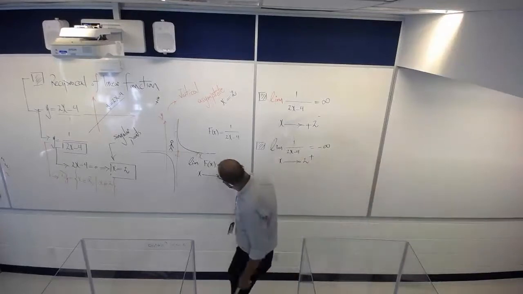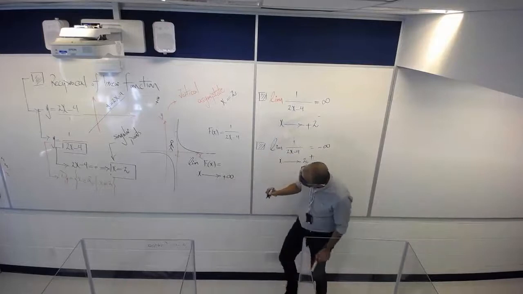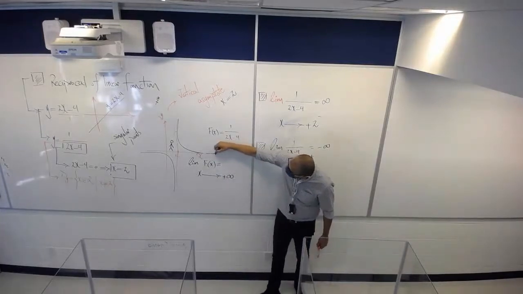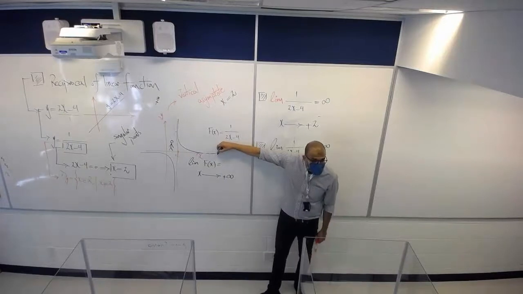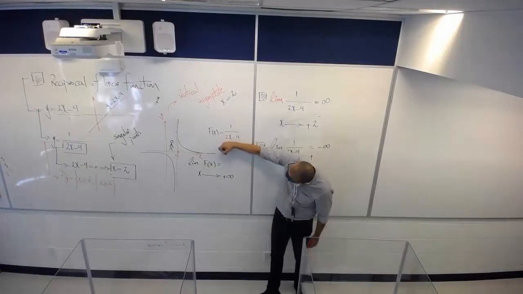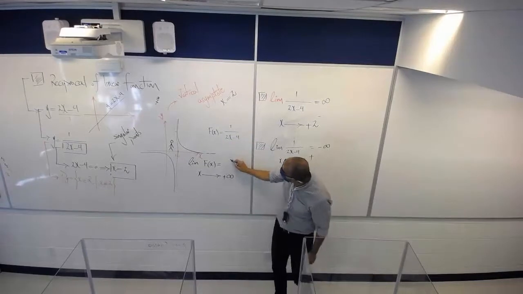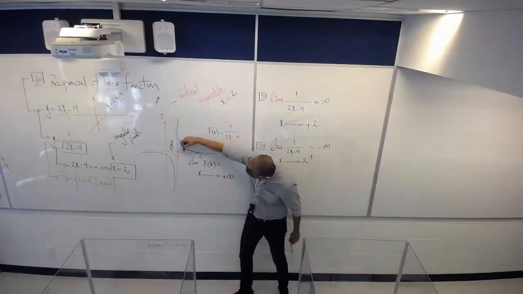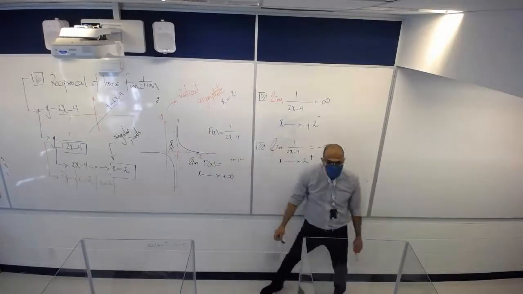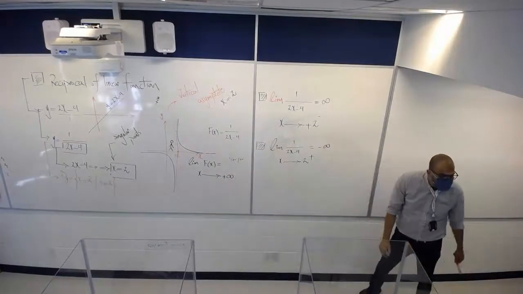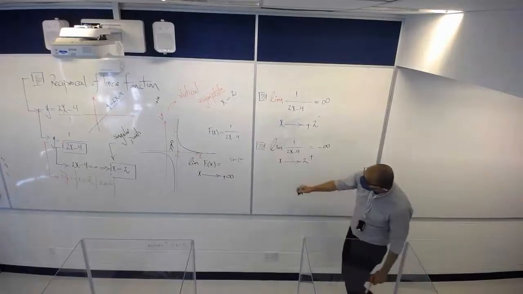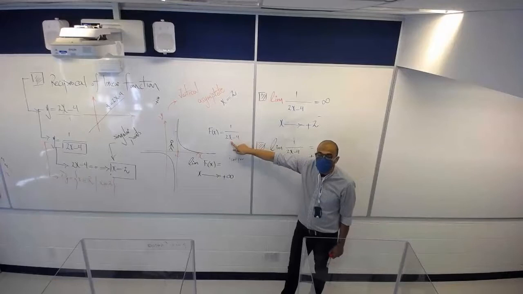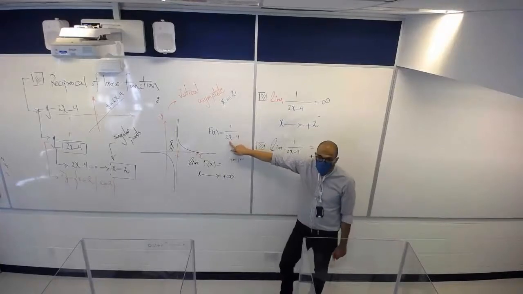Now, what happens in that case? The limit means the value of the function that Michelle is going to see. For example, if Michelle is at 1 million along the x-axis, what is the value of the function? Imagine your x is 2 million. What is the value of f of x?